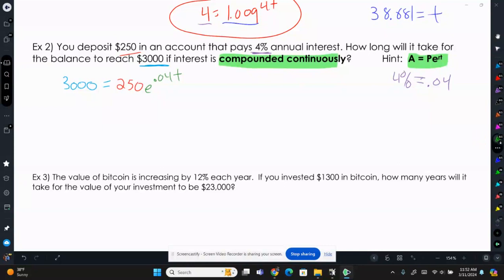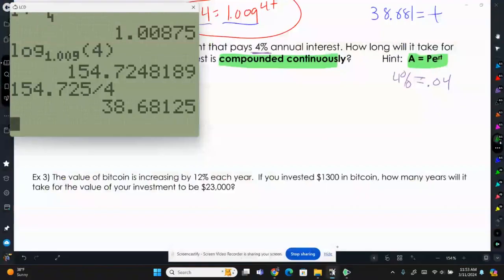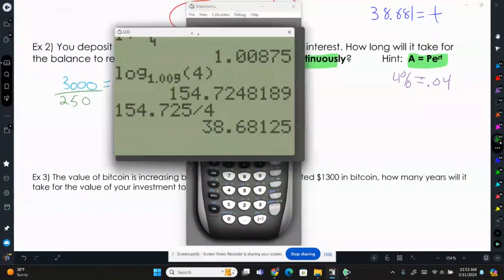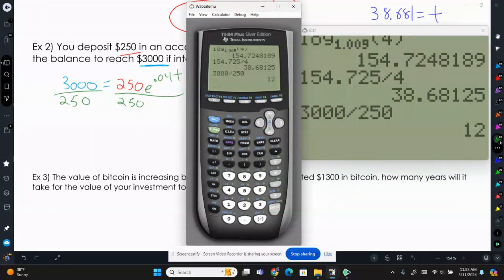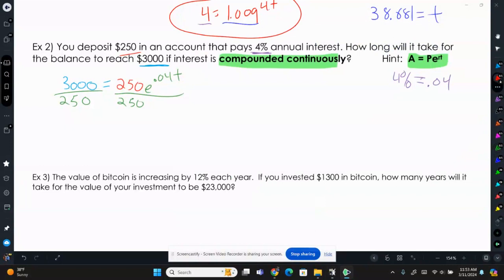Right, so now we're going to divide both sides by 250. So that gives us 3,000 divided by 250. We get 12. So 12 equals e raised to 0.04 t power. Now that we have the base by itself, we can convert it to a log.